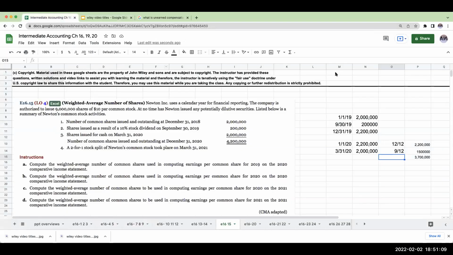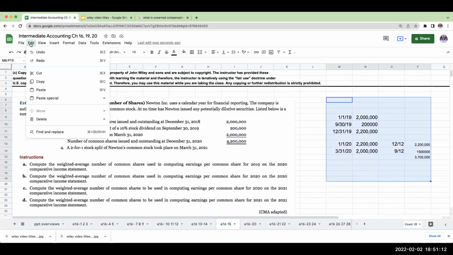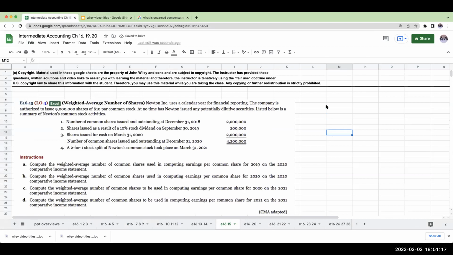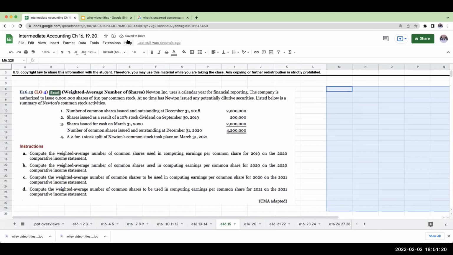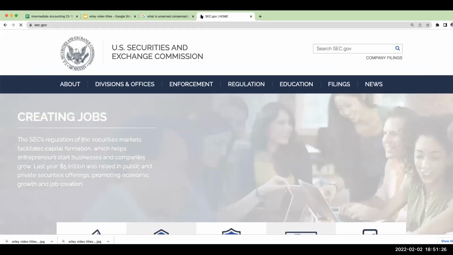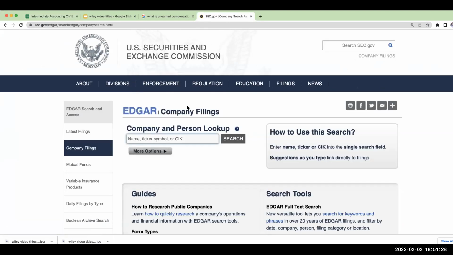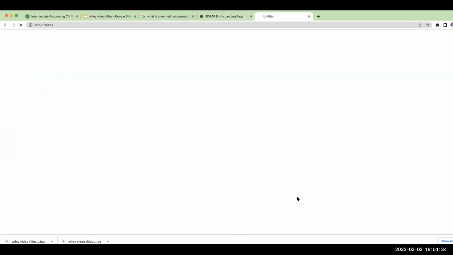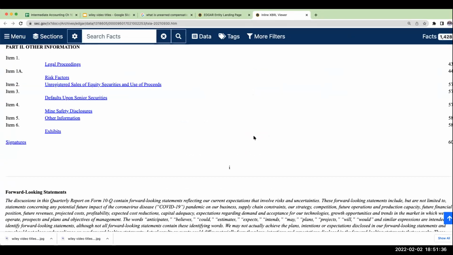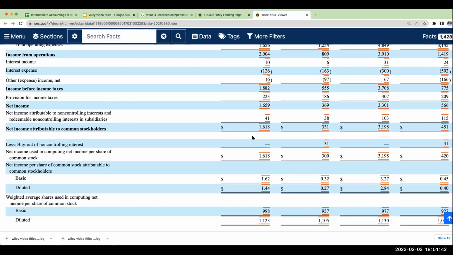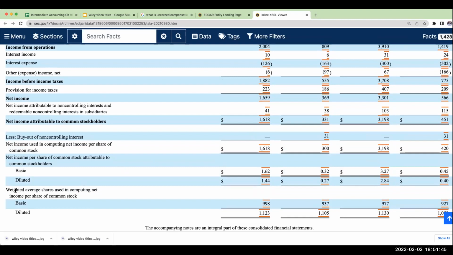Okay, so let's go through right over here and take a look. When we're looking at weighted average shares, one of the important things to remember is that at the bottom of the income statement of a company, you're going to see two numbers, which are essentially the weighted average shares on a basic level and on a diluted level.